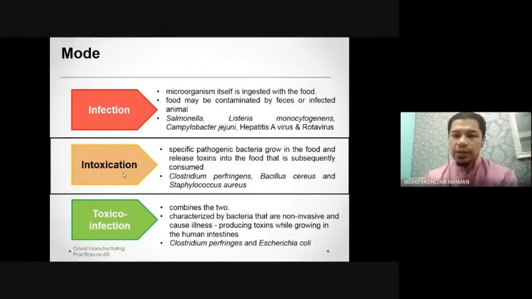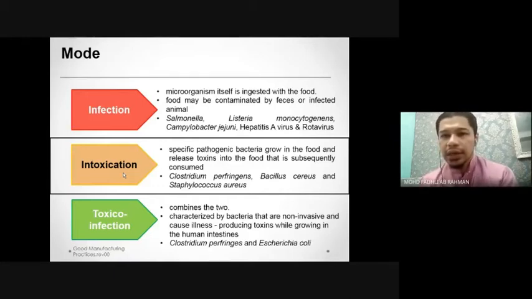Examples of microorganisms involved in this intoxication mode are Clostridium perfringens, Bacillus cereus, and Staphylococcus aureus.